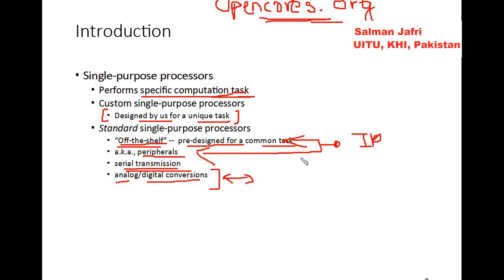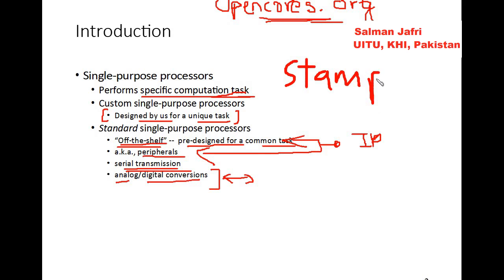And we should also know that IP can be purchased both as software or as coding, for example coding in VHDL, Verilog, or SystemC for that matter. Or the standard single purpose processors can be purchased as hardware components, as silicon wafers that have already been built, and the electrical connectivity can be made with those IC chips of those peripherals with our single purpose processors by a process that is called stamping.